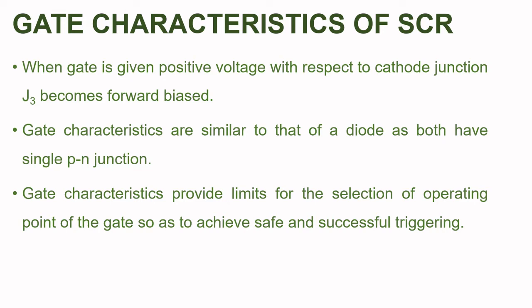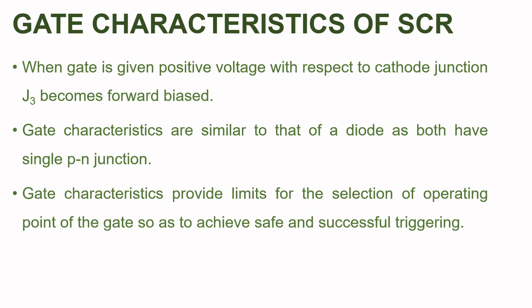Now that the first question is answered, what is the importance of these gate characteristics? The gate characteristics are of very much importance because they provide us the information regarding the signal that we have to provide to the gate for turning on the SCR.